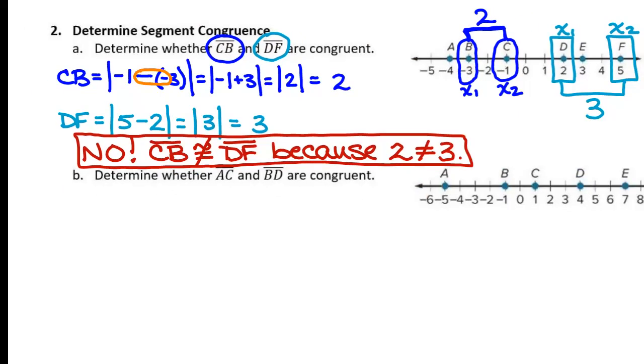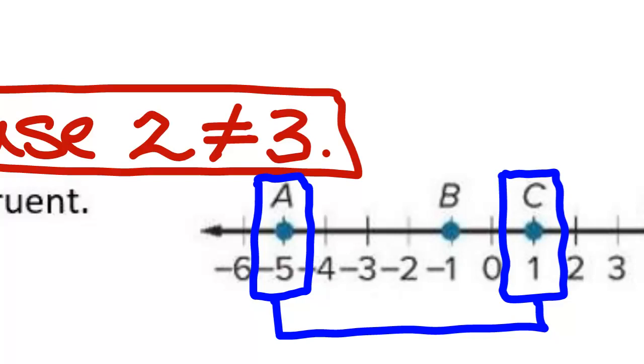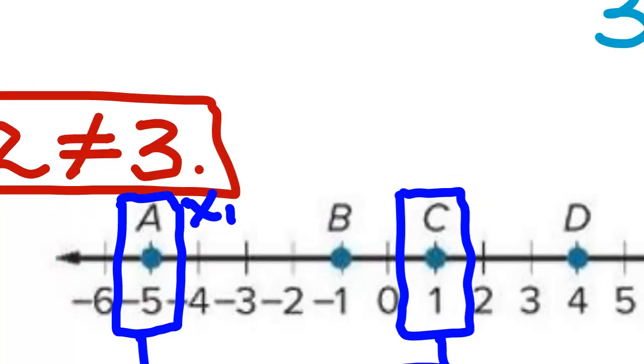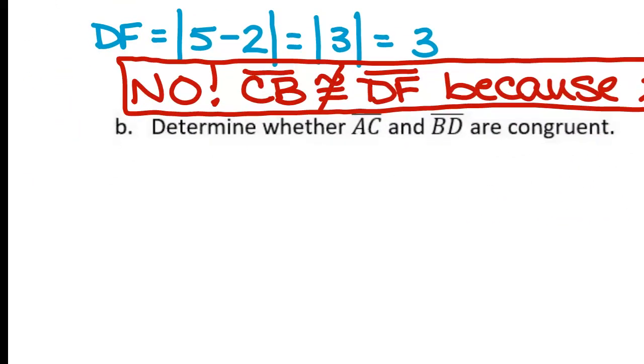All right, last problem. Determine whether AC and BD are congruent. So here's AC. A is at -5. C is at 1. I'm going to let A be my X1 and C be my X2. Let's go ahead and find that length first before we go look at our other segment.